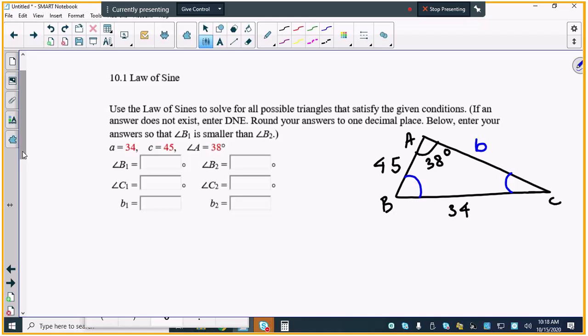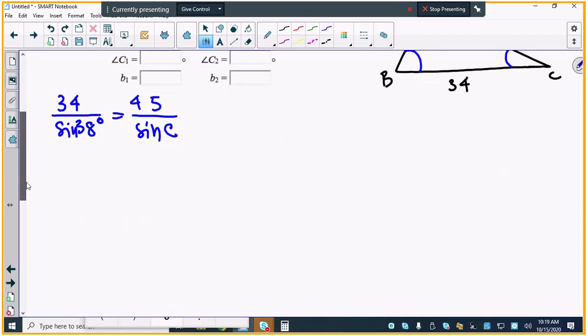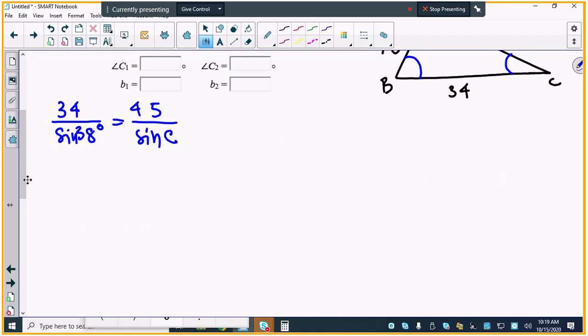Because we are given two sides, we can say that 34, the side, over the sine of the opposite angle 38 should be equal to 45 the side, and remember the angle opposite to it is C, and I do not know that, so I'm going to solve it for C first. Okay, let's start working on this.